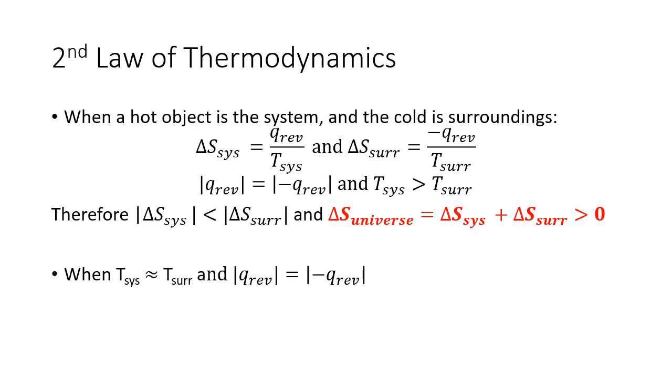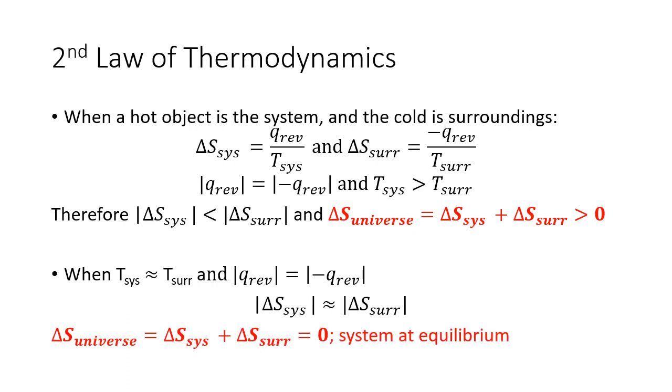All right. Now, when the temperature of the system is approximately equal to the temperature of surroundings, and again, Q reversible will be equal to negative Q reversible, then we'll have the result that delta S system is approximately equal to delta S surroundings. So basically, if the temperatures are the same, the delta S will be the same. And if that's the case, we get the delta S of the universe being equal to 0.